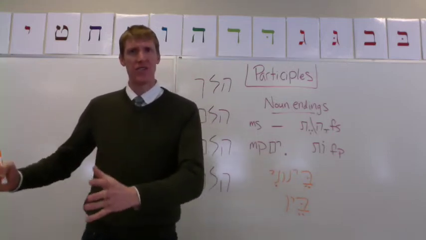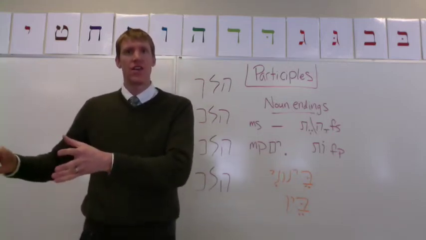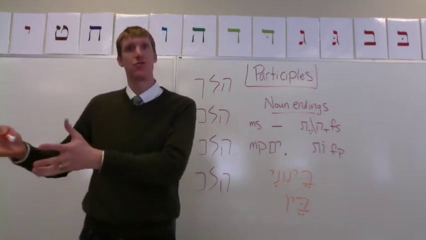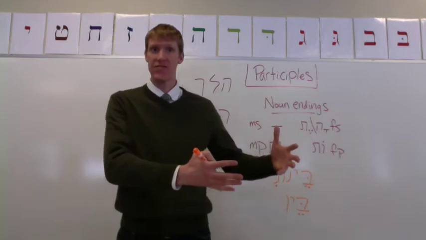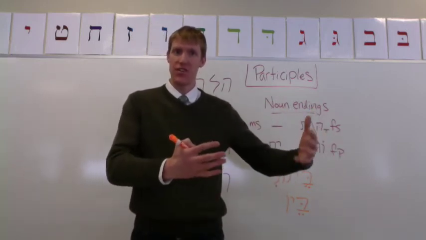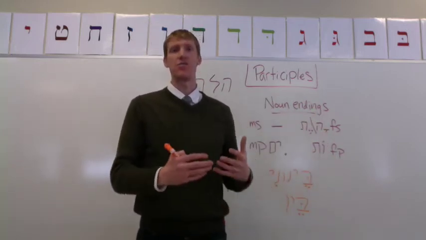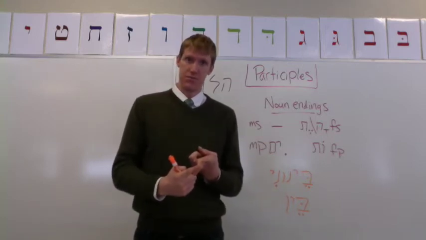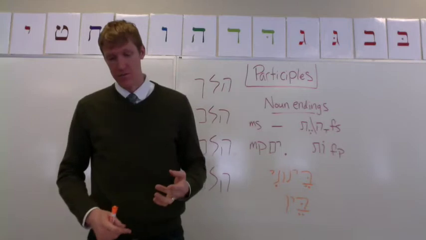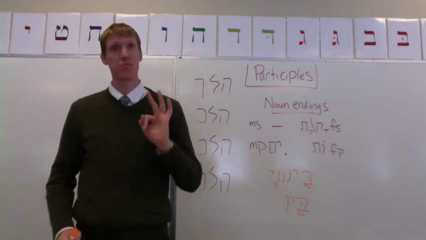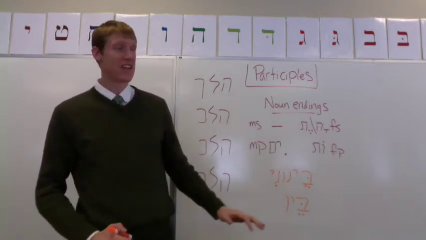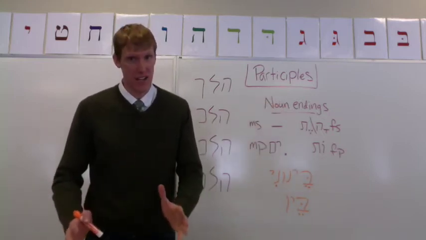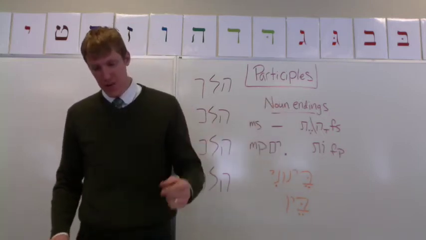So they have a vocal pattern that communicates what stem they're a part of, and that's their verb half, and then the other half is the adjective or the noun ending that communicates both gender and number. Okay? Now, there are 3 really nice implications of the fact that they have noun or adjective endings instead of verb endings.